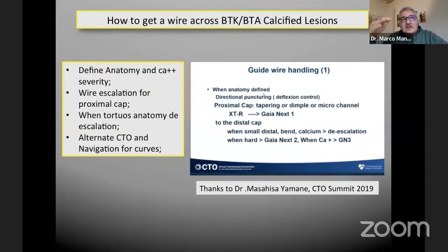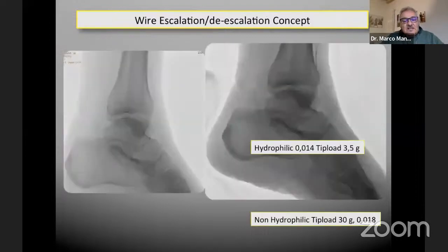And then if the tortuosity does not permit the use of the same wire, we have to think how to de-escalate the wire. So we try to use a wire more capable to navigate the tortuosity. So the alternation of CTO and navigation wires probably is the best strategy for this kind of patient.